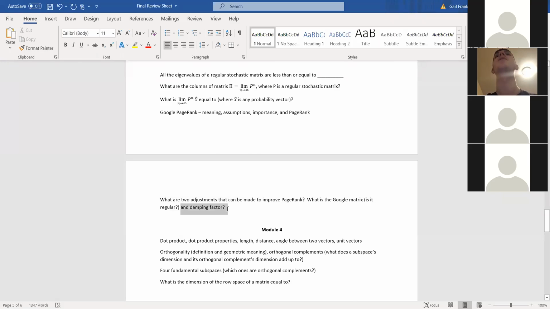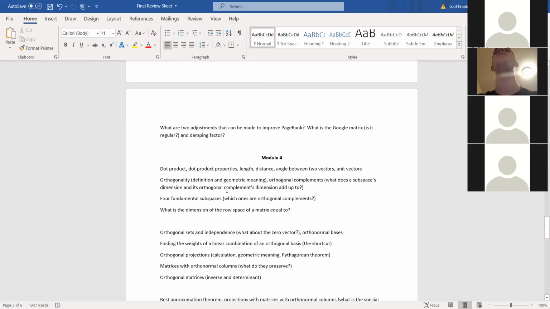It's going to be a little annoying to explain out loud, so you can look at your notes and review this. Also the Google matrix, know the formula for that, and the Google matrix is regular stochastic in addition to being stochastic.